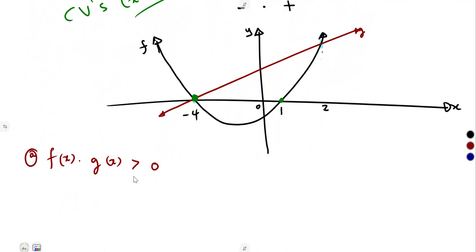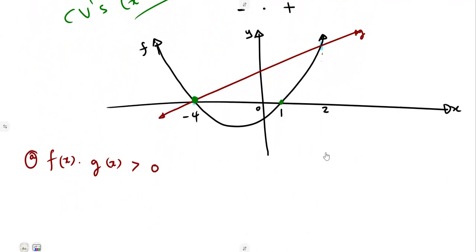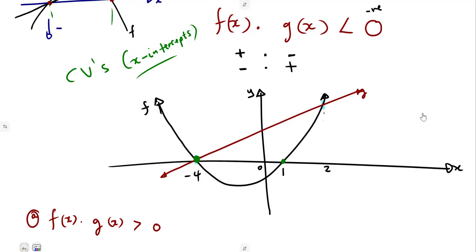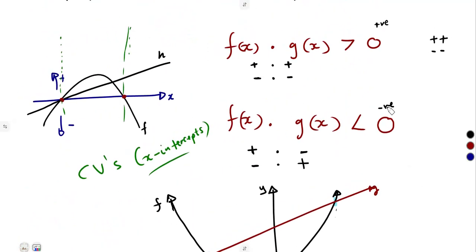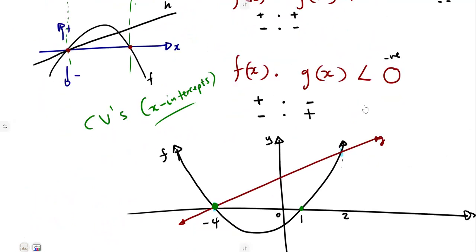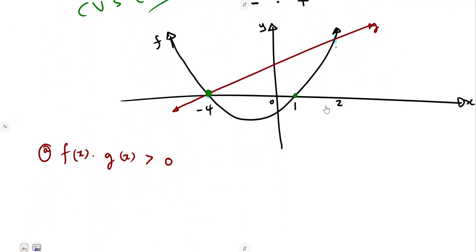Whenever it is greater than 0 like this, we must have a positive output. So to have a positive output, it is either both are positive or both are negative.